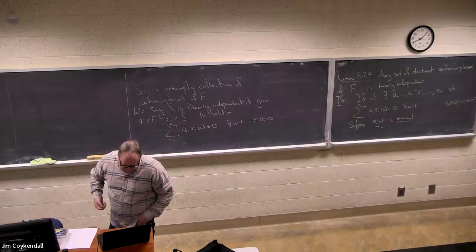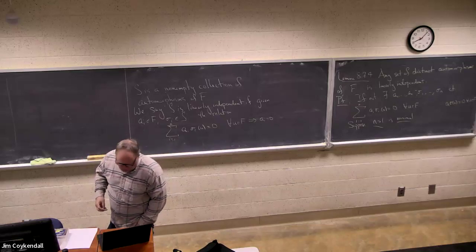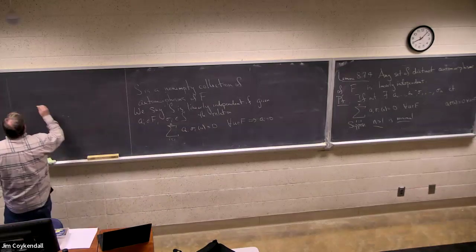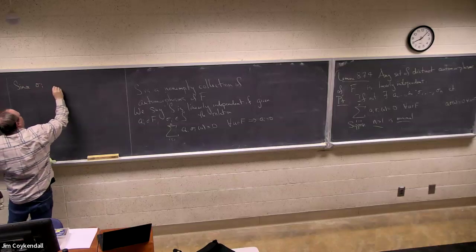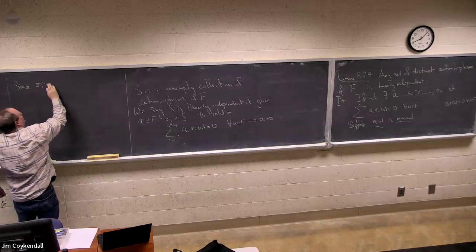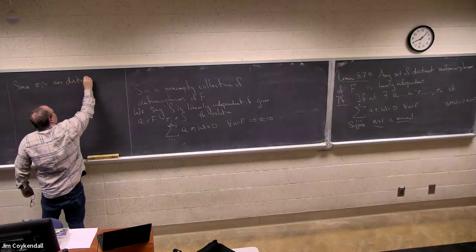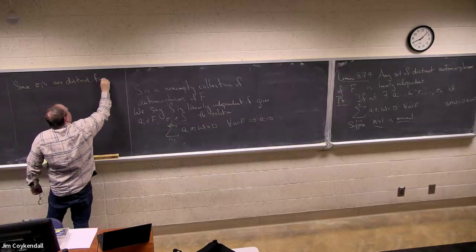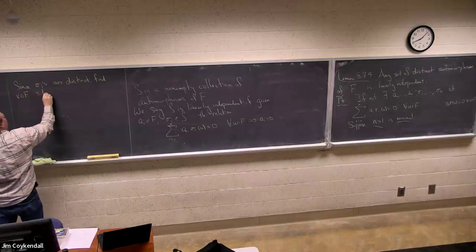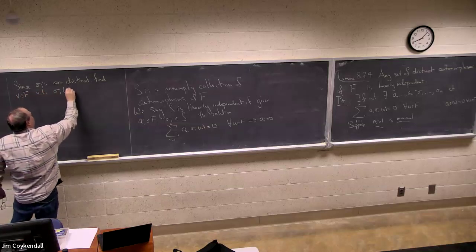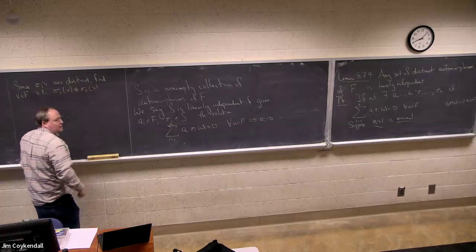So we know that the automorphisms are all distinct, so find v in F such that sigma 1(v) is not equal to sigma 2(v).